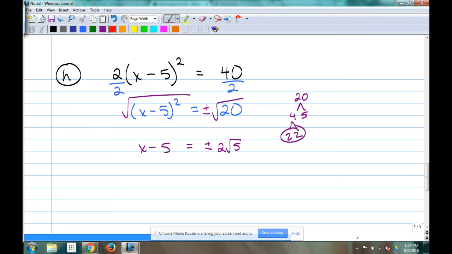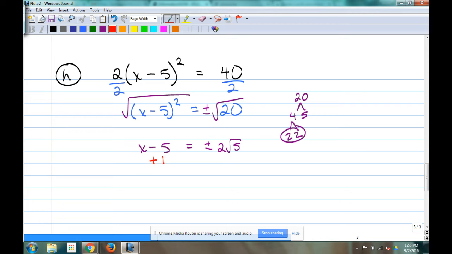Now we need to get x by itself. Technically, there are 2 problems that you could set up and work. One would be x minus 5 is equal to positive 2 radical 5. The other one would be x minus 5 is equal to negative 2 radical 5. But we can work it in one because that's not going to change any. So how do I move that 5 over to the other side? Add it.